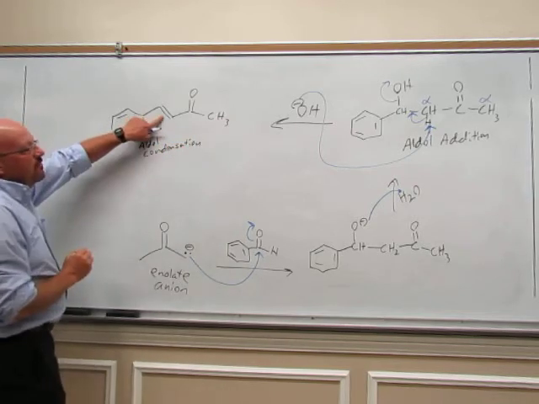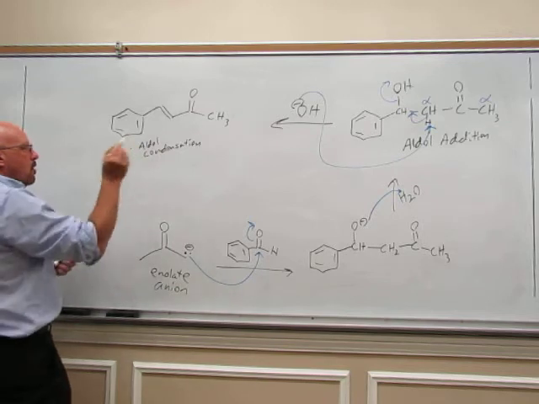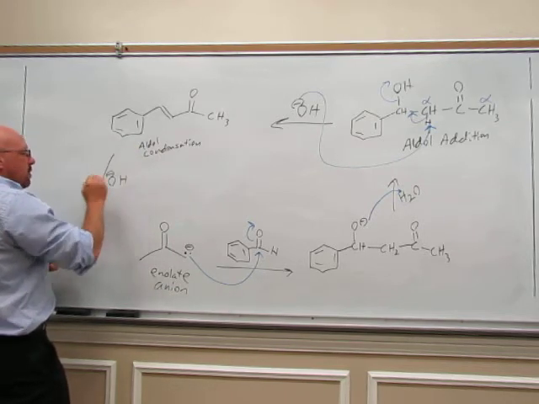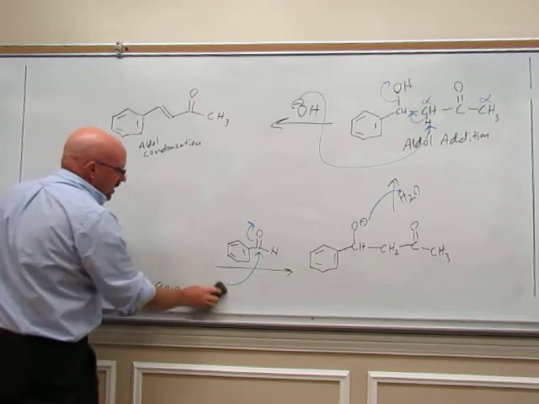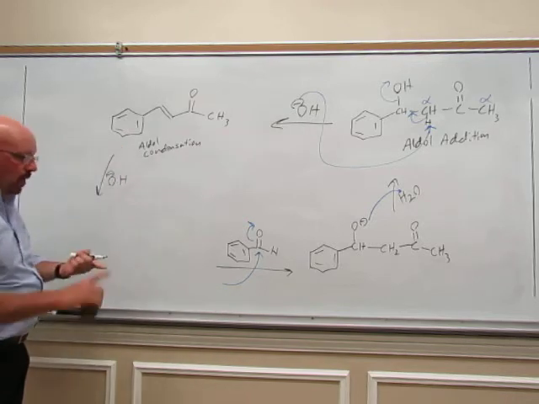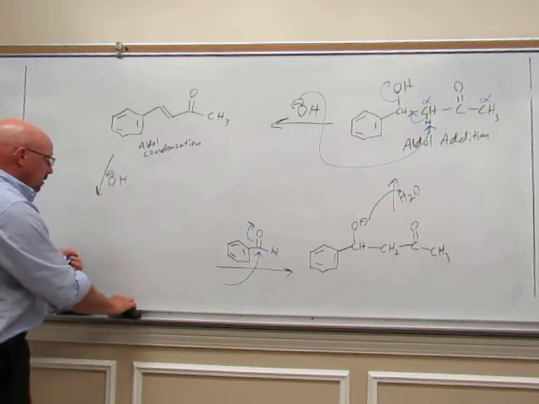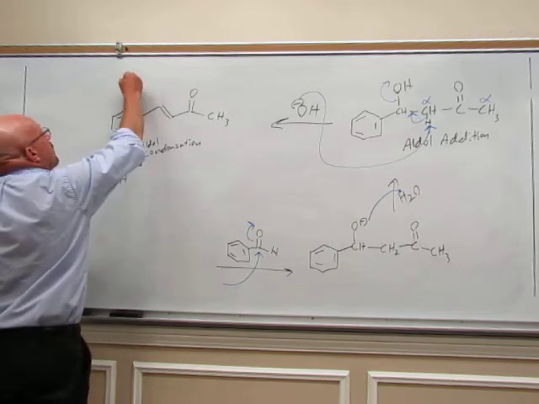At least on this side we have done the condensation. Now we got our base back, and we had 2 equivalents of the benzaldehyde. If I had done 1 equivalent of benzaldehyde with 1 equivalent of acetone, we would stop here. Let me just write that.